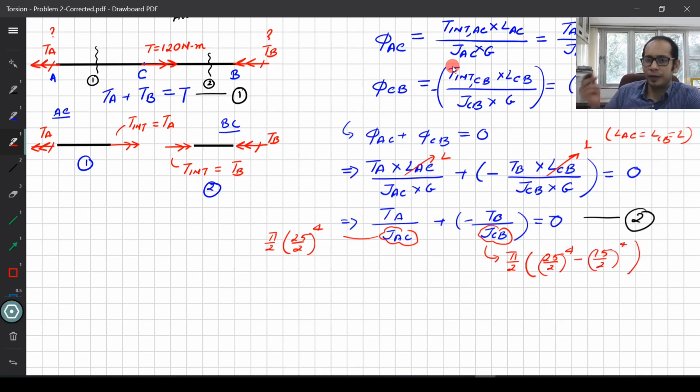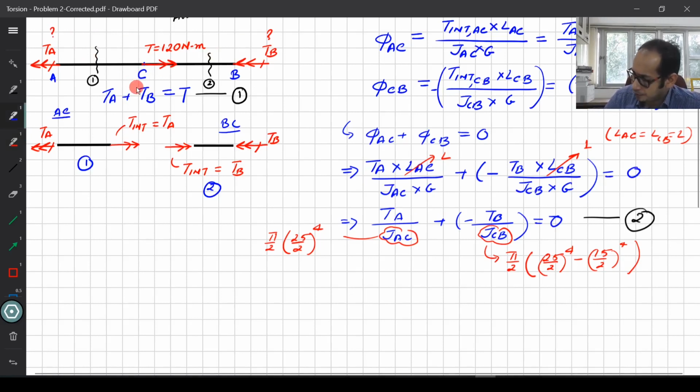Once you have these, you use this relationship and the other equation over here: you have two equations and two unknowns. I will not punch in the numbers and solve it, so please go ahead and solve it. I will give you the final answer you will get after you solve these two equations and find the two unknowns, which are the two reactions we were supposed to find, TA and TB. Your equations are in terms of the unknowns themselves.